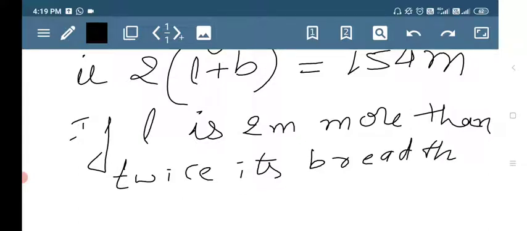What are the length and the breadth of the pool?